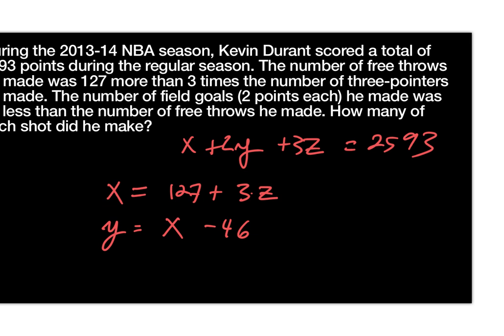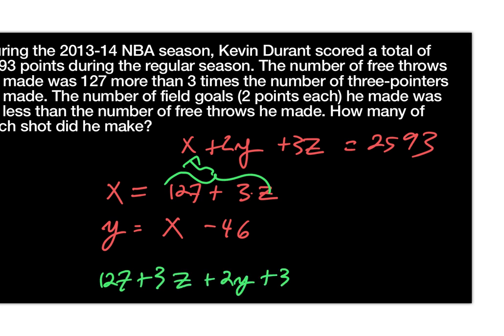So in my first equation up there, I'm going to substitute this in for the x. So I will have 127 plus 3z plus 2y plus 3z, that's a 6z, equals the 2593. I'm going to take this and also substitute it in down there.